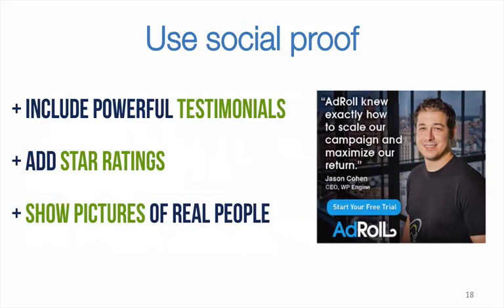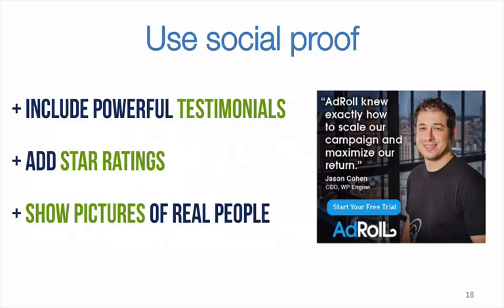People love to see that other people are saying good things about your business, okay? Just think about it if you're considering going out to a restaurant. What's the first thing that we do now when we're looking to go out to a restaurant? We hop on to one of the many review sites and look at, hey, what are people saying about this restaurant? This is the first time I'm going. I want to know if it's worth heading there versus all the other restaurants that I have a choice of.